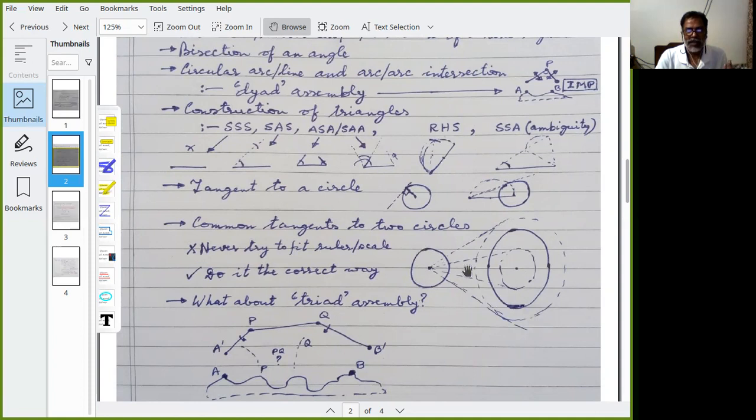For the cross tangents, rather than taking the difference of the radii, you will take the sum of the radii and make a bigger circle. And then you have this center to the bigger circle, the R1 plus R2 circle, and then move it like this by making right angles.